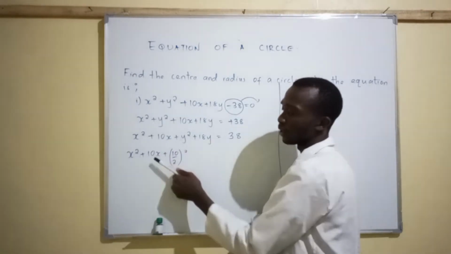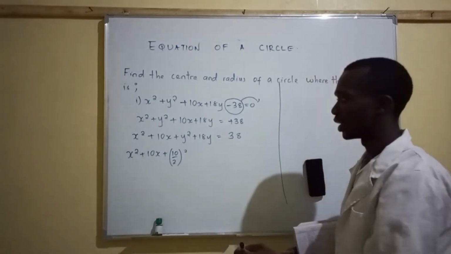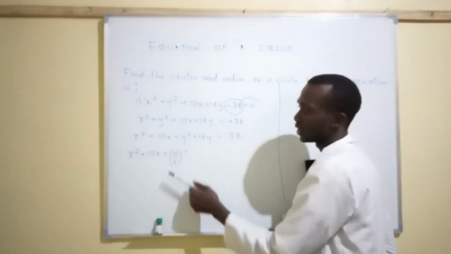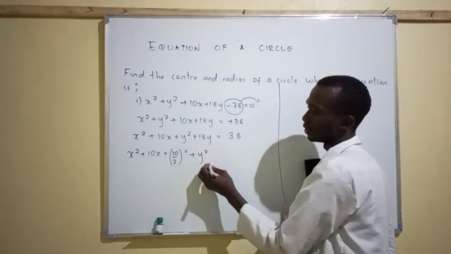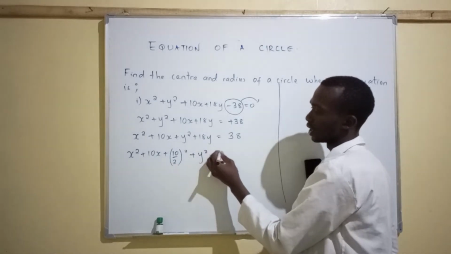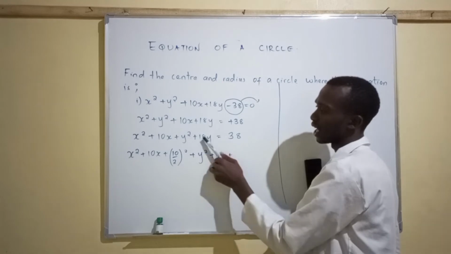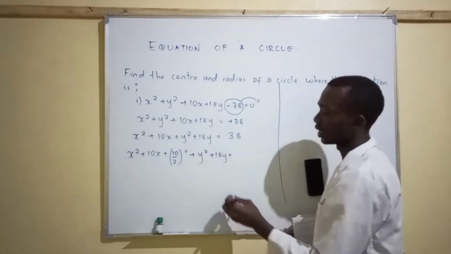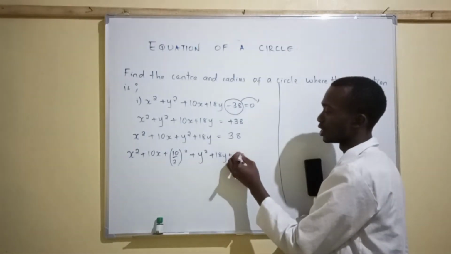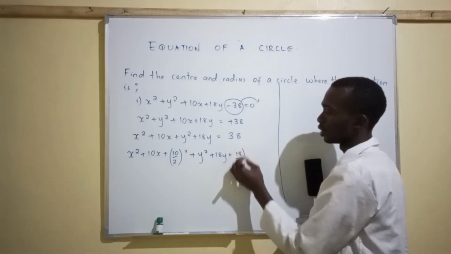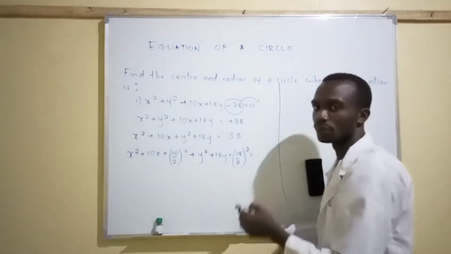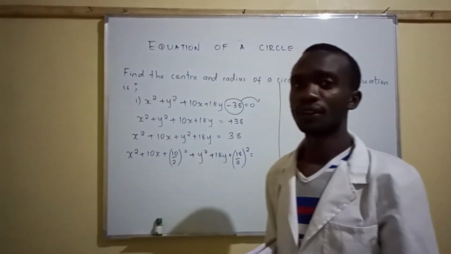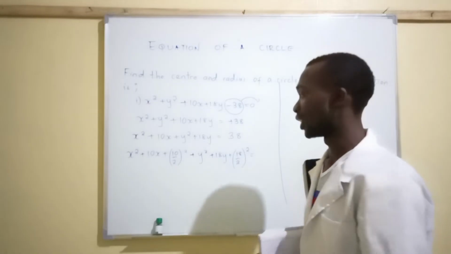Half of the coefficient of x, then squared. So the first part we are done with, plus y squared plus 18y, plus half of the coefficient of y, which is 18 over 2 squared, is equivalent to whatever was added on the left-hand side must also be added on the right-hand side.